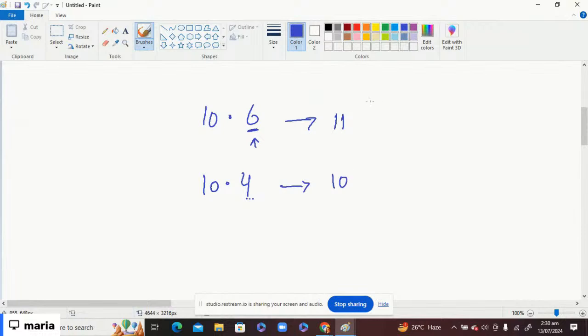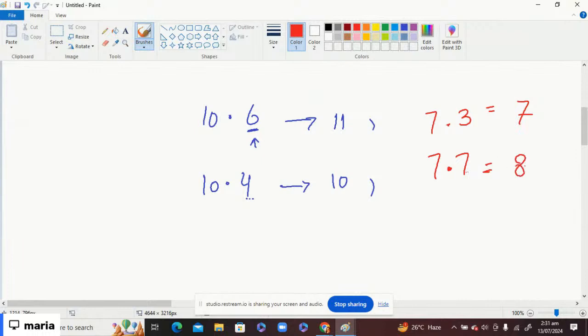Understand? For example, if I tell you numbers like 7.3 and 7.7, what is the answer of the first one? 7.3. Look at here, the 3. 3 is less than 5, so this stays the same, that is 7. But here the 7 is greater than 5, so it can be changed into 8.